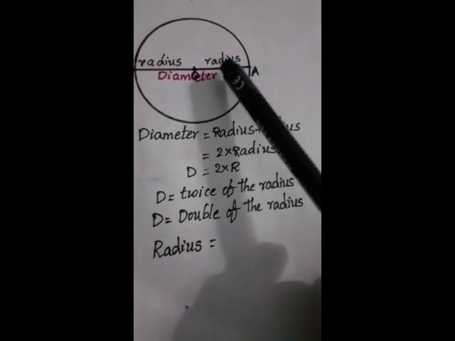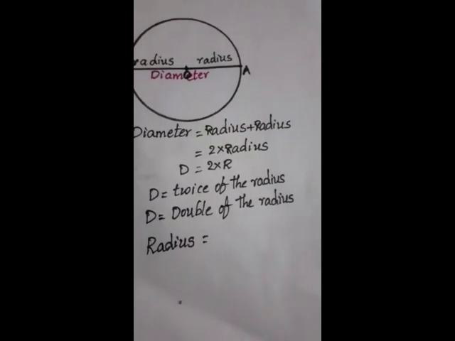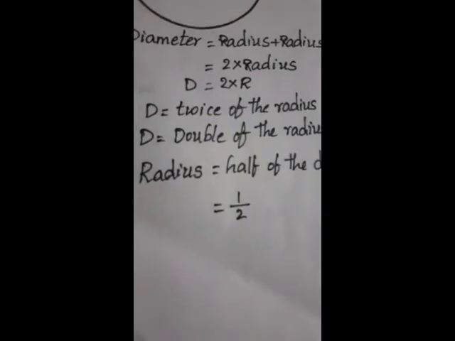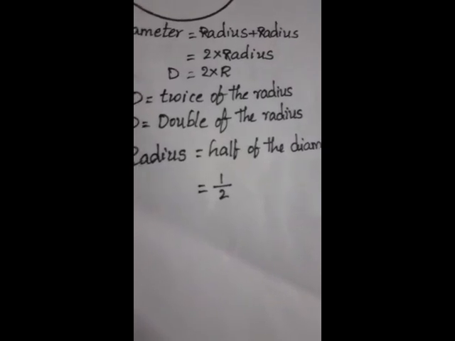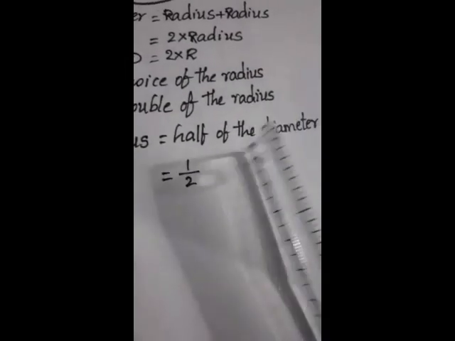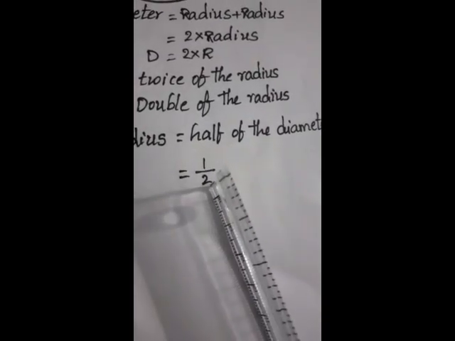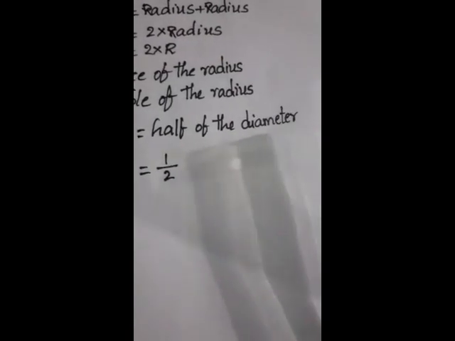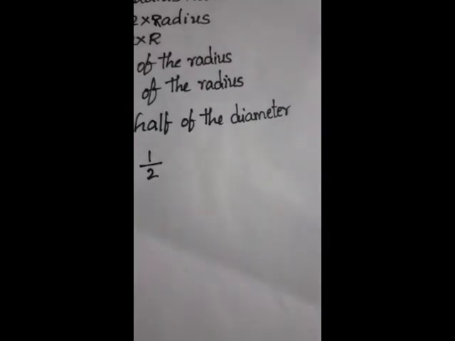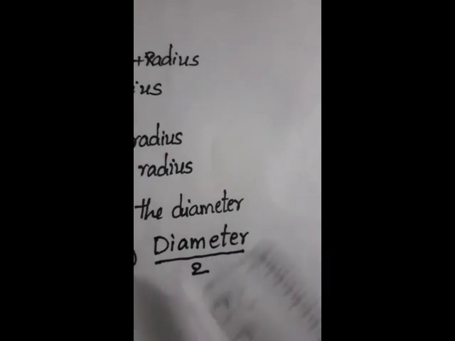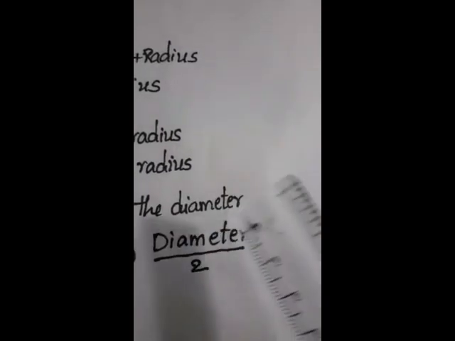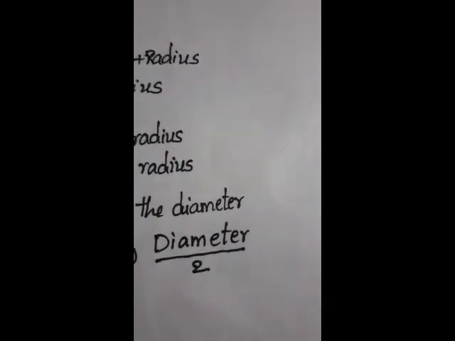So radius is equal to half of the diameter. Half is nothing but 1 by 2. So 1 by 2 of the diameter, or diameter by 2. Radius is equal to diameter by 2.